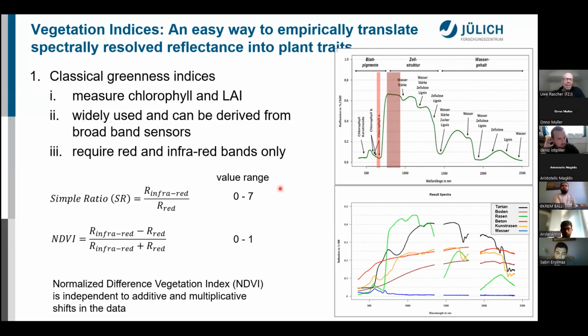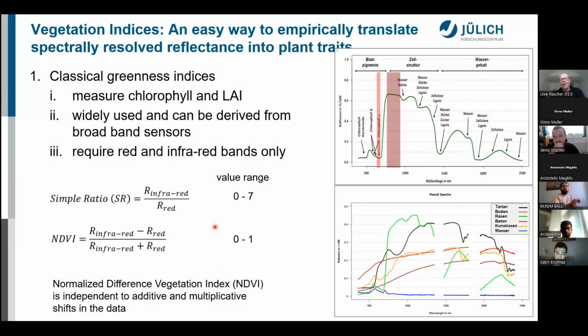Developed in the 17th century, still used until today, but then people said this value range between 0 and 7 is kind of hard to use as a quantitative measurement. So they used a normalized version of this index, a normalized difference vegetation index, where you subtract the red reflectance from the near infrared reflectance and divide by the sum of both.